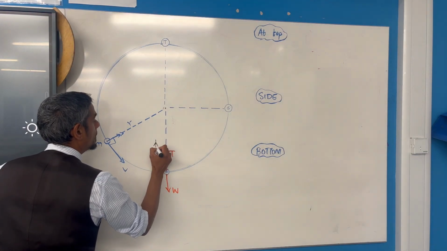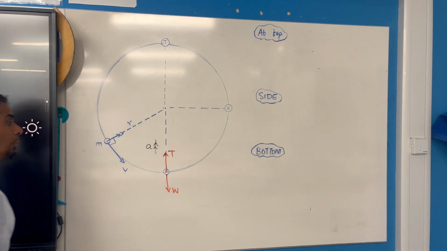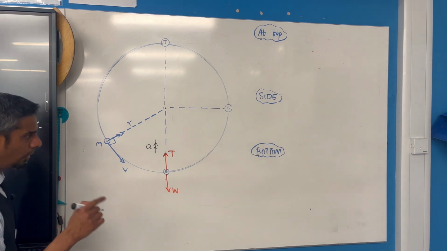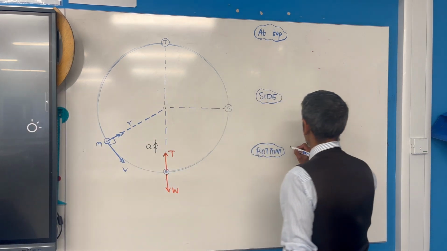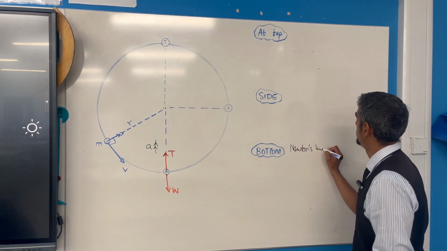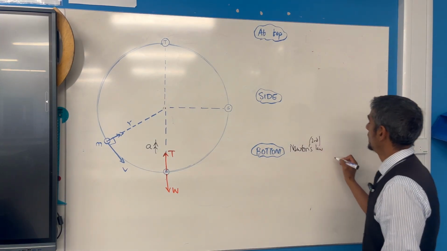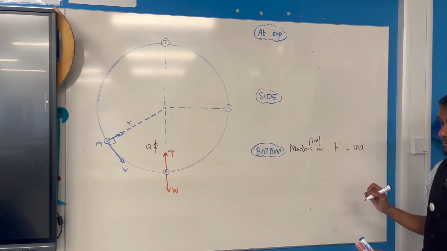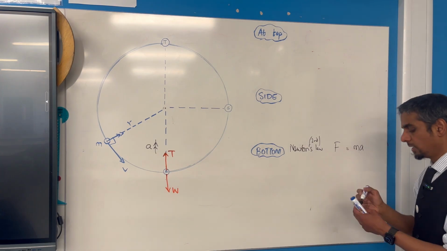And this is very, very important to represent like that. The object is accelerating towards the center. Is the object accelerating? Yes. So what does Newton's second law say? Newton's second law says that if an object is accelerating, then there should be a resultant force on it. So I'll write that as resultant force.